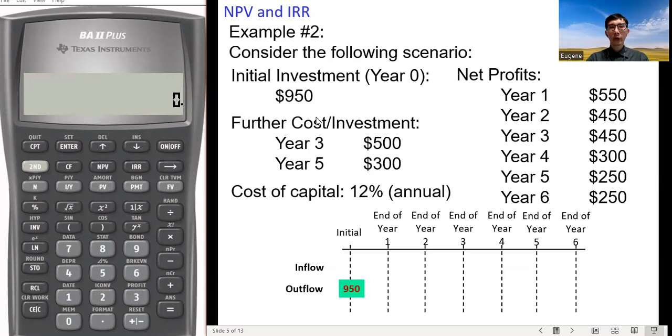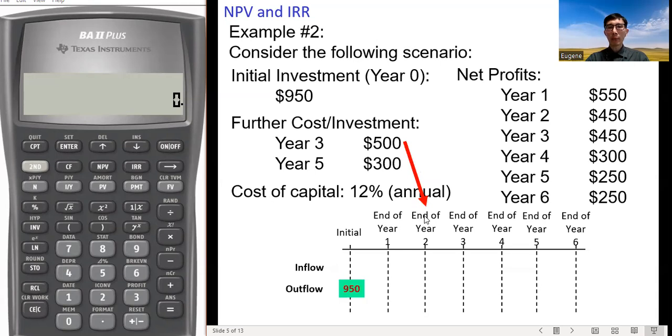And then for the further cost or investment in year 3, because this is a cost, the costs are made at the beginning of the time segment. So this $500 is made at the beginning of year 3. The beginning of year 3 is the same time point as the end of year 2.